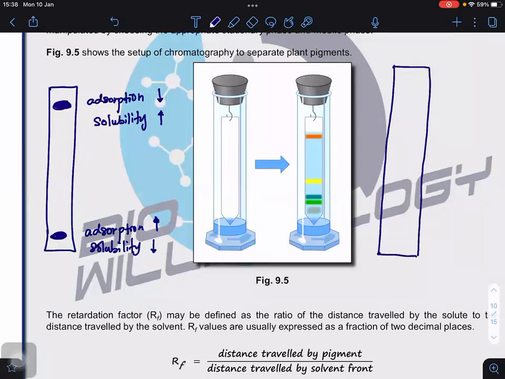Here on the strip, we put in the pigment initially. Let the solvent carry the pigments up. At the end, we have separated pigment 1, pigment 2, pigment 3, for example. The solvent continues to move. At the end of the process, we have the solvent front.